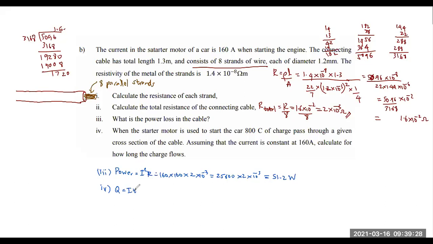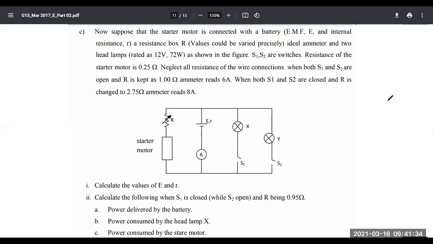Electric charge is equal to electric current into time. Electric charge is given as 800 coulomb, SI unit. Current is 160 ampere, into time T. Therefore, time will be 800 divided by 160, 80 over 16. That is 5 seconds. That's all. So after the first one, everything is easy. Quickly you can get the answer, except for the first one. The first one you had to work out a little, right?